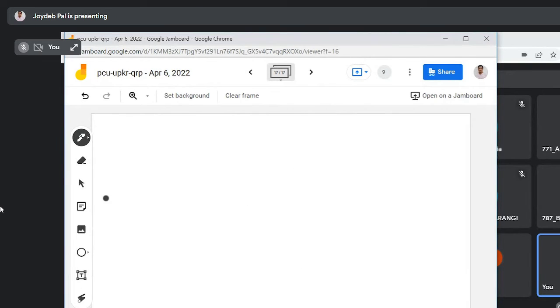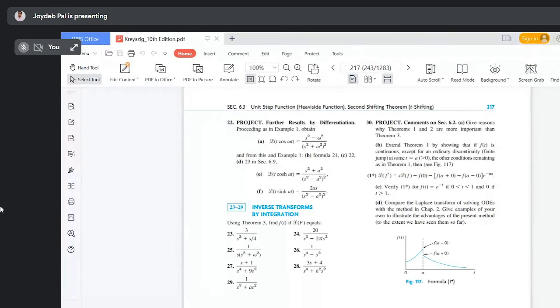Now if f s is multiplied by 1 by a square, then what will you do? Means f s divided by a square form. Like problem number 26 I am doing. Okay, problem number 26.